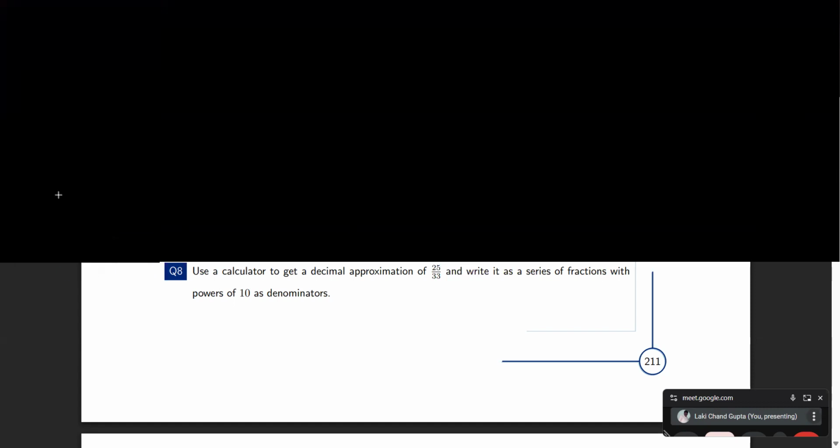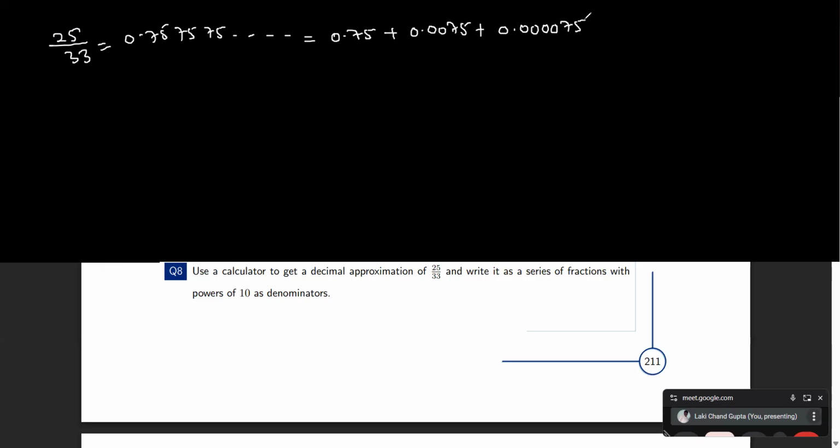So how can you write this? 75, 75, 75, and so on. 0.0075, 4 times 0.75. Consider 75 as 1 unit.